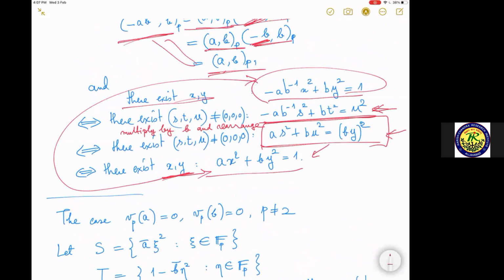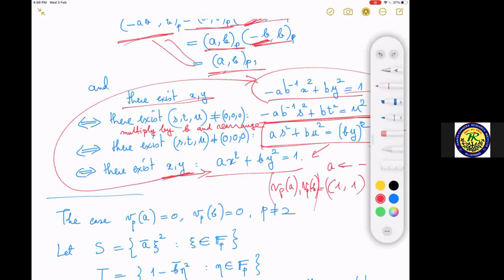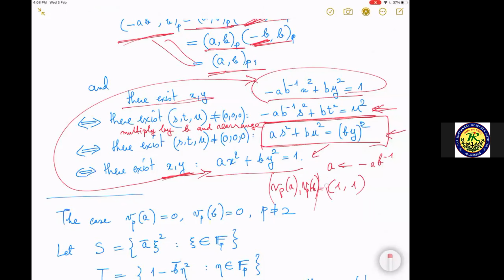So the upshot of all this is that I can replace A by minus A B inverse, and therefore I can forget about the case when both A and B are units, or uniformizers, altogether.